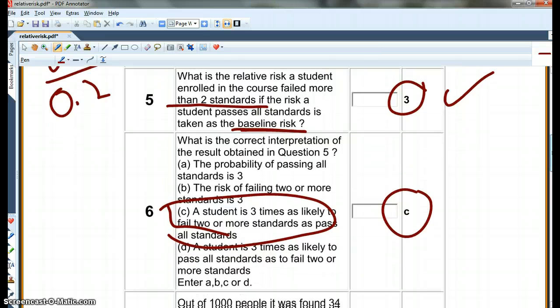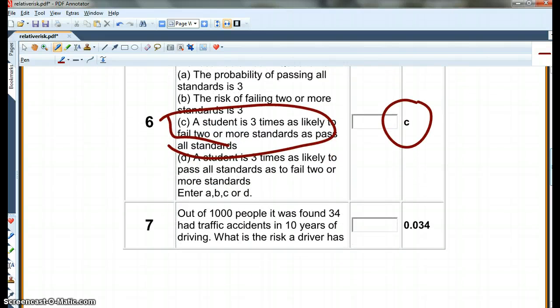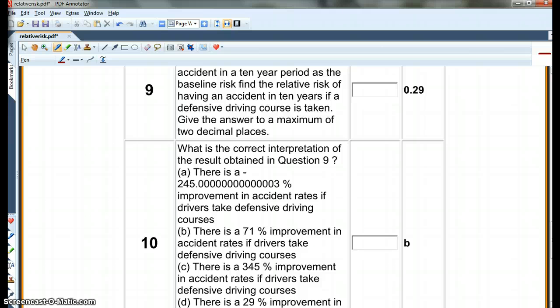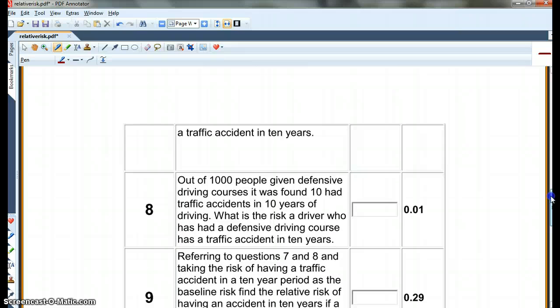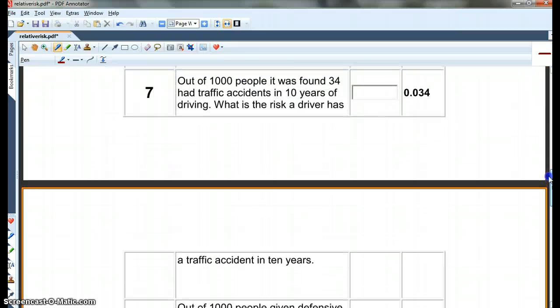Alright. Next one. Out of 1,000 people, it was found 34 had traffic accidents in 10 years of driving. What's the risk a driver has a traffic accident in 10 years?